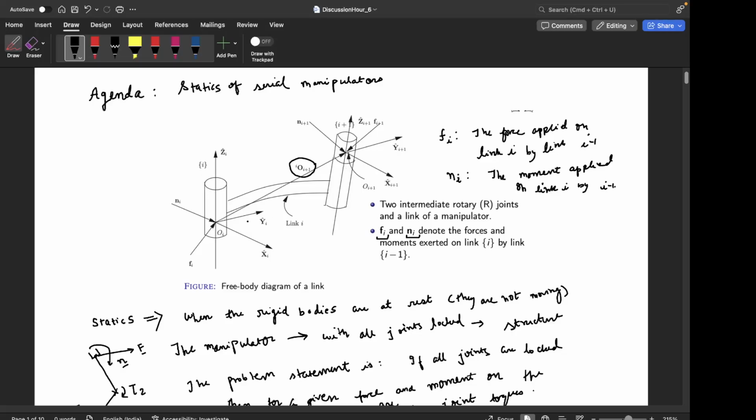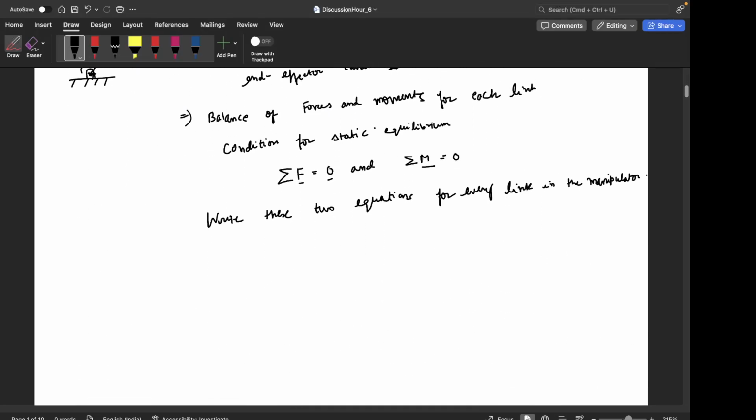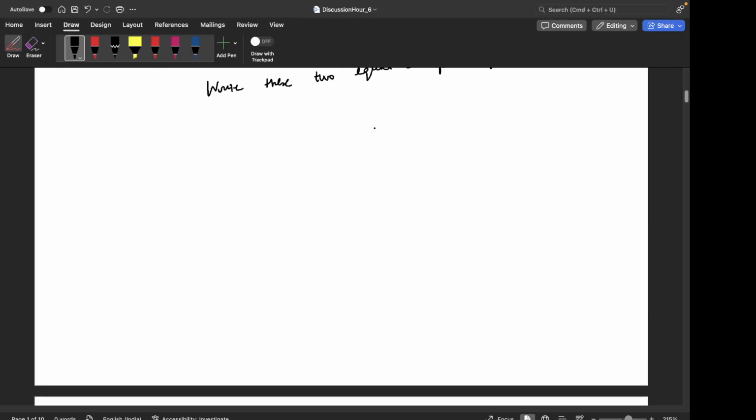Alright, so now on this link there are two forces acting. One is Fi and the other is minus of Fi plus 1.